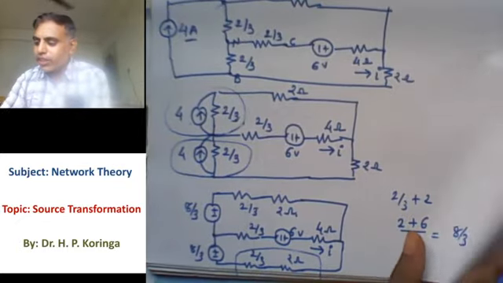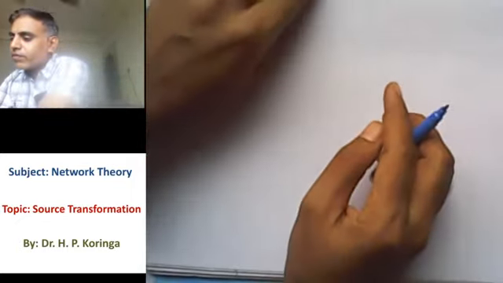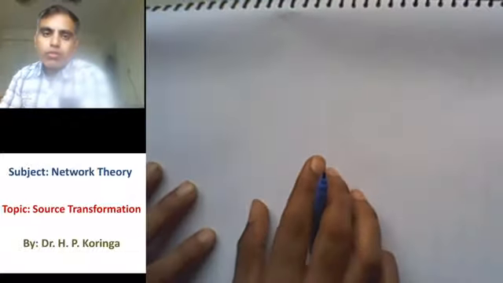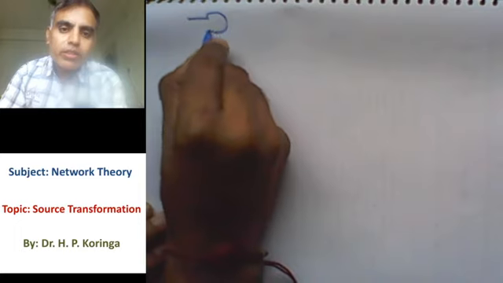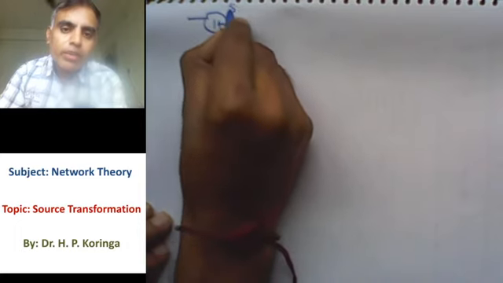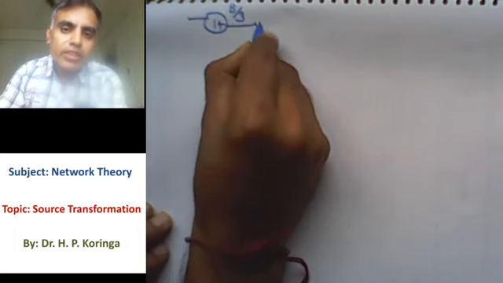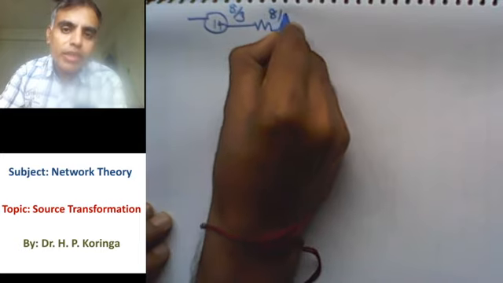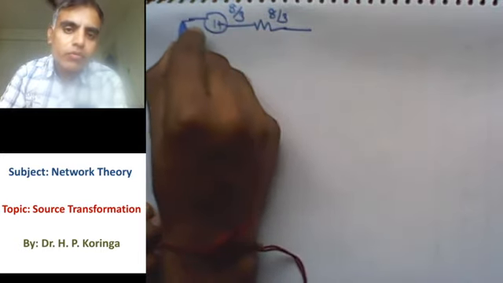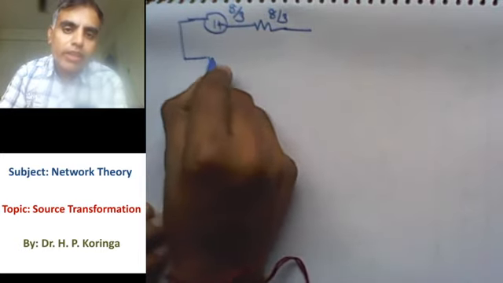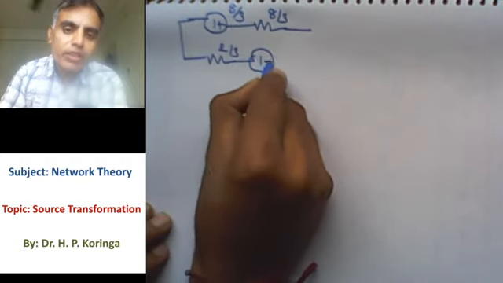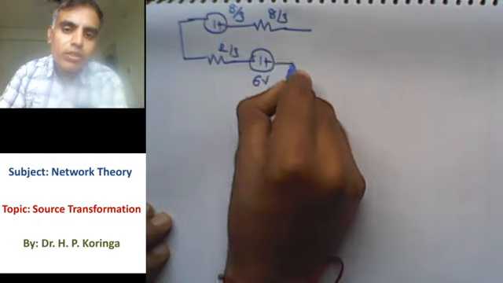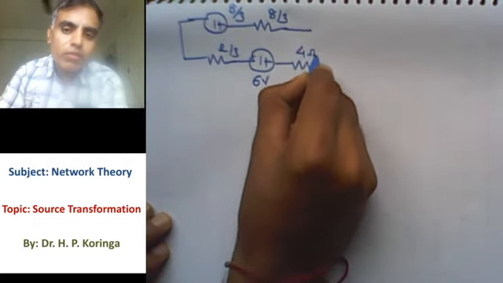So this network can be simplified as two voltage sources with the value 8 by 3 volt and series resistance 8 by 3 ohm, and we have the 2 by 3, 6 volt, 4 ohm.